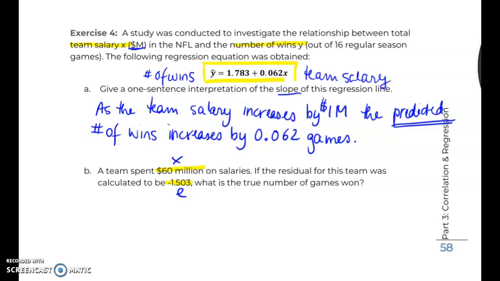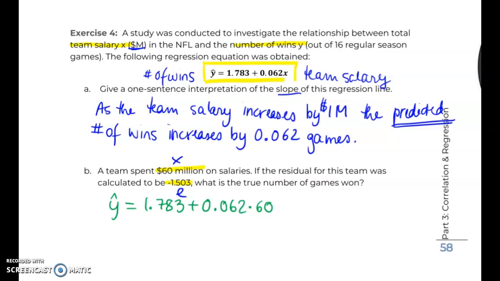So let's see what we have. Well, we know we can plug our X into our regression equation, so we're going to do that. So our Y hat is equal to 1.783 plus our slope of 0.062 times the $60 million in salaries.